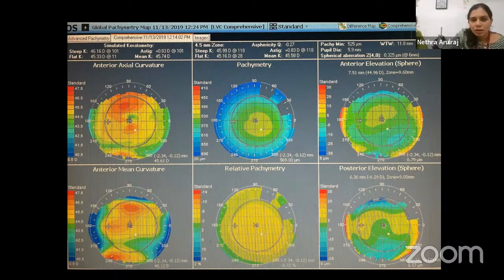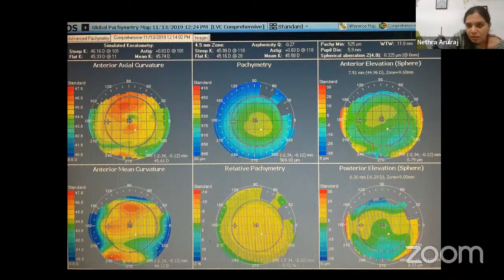The pachymetry in the central 3 mm shows around 530 with the pachy minimum of 525 micrometers, and relative pachy around minus 6 microns.